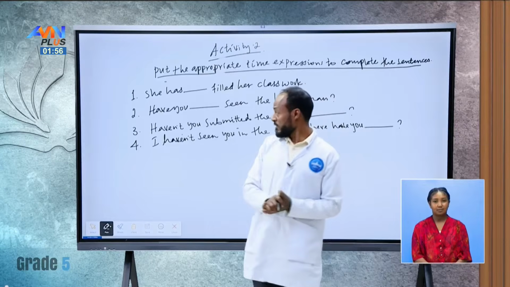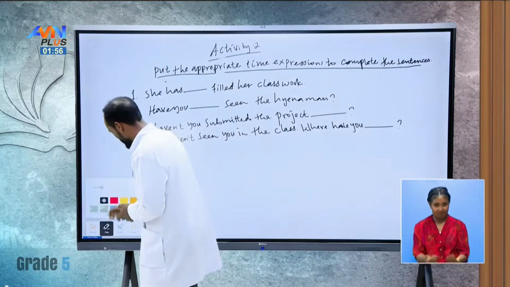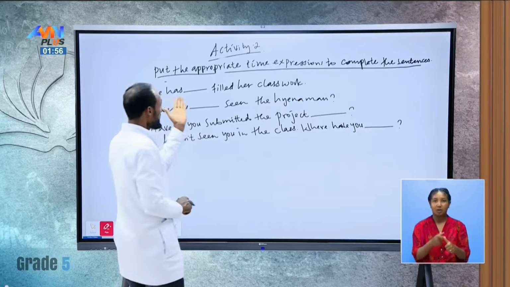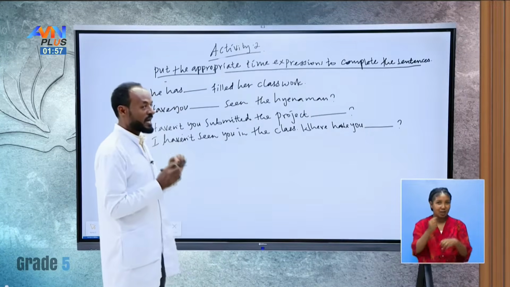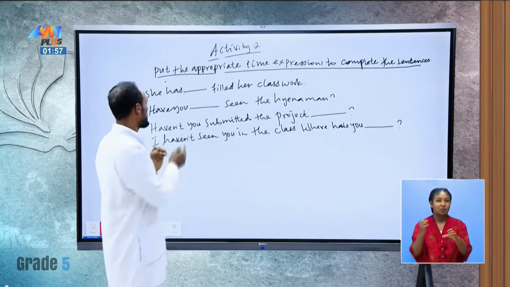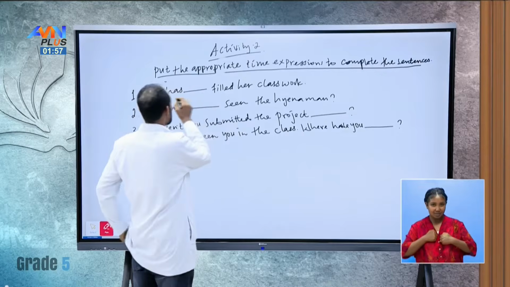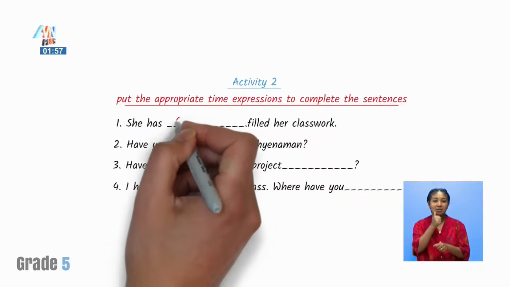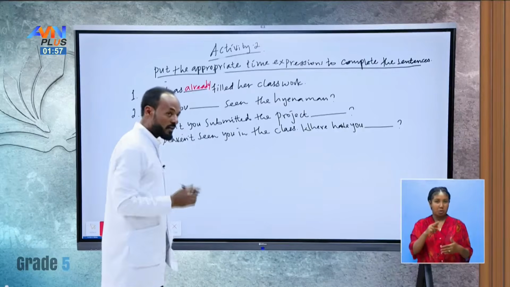Bravo. Come on, students. Let's check whether you are right or wrong. Question number 1. She has blank filled her classwork. Yes, she has. So the answer should be she has already. Or it depends on you.